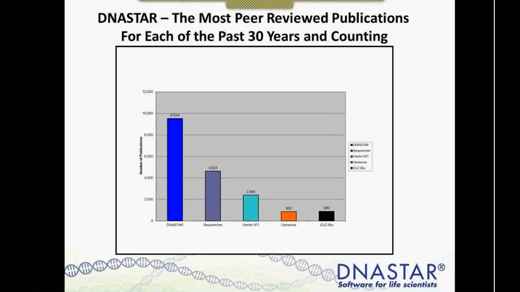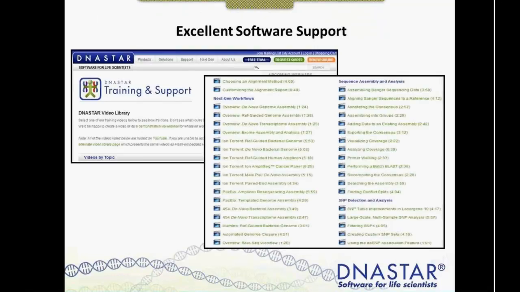This bar graph shows that we've had almost 10,000 citations in peer-reviewed publications. So this really is research-grade software. We've been in this business for the long haul, and it's a difficult business to stay in for a long time, and that really requires great software and really great support that goes along with it.